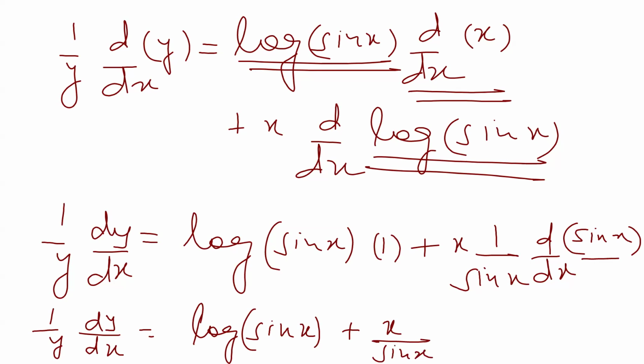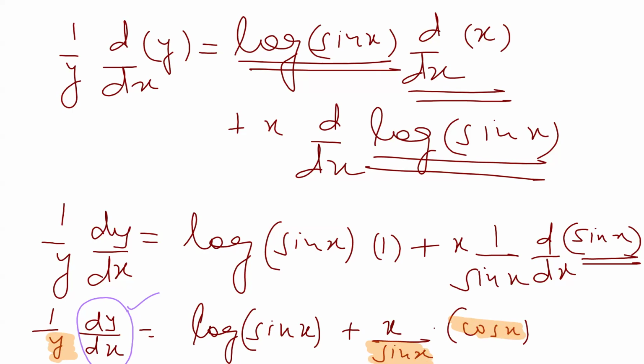Okay. Now we are interested in dy by dx, so I will cross multiply this y on the other side. And at the same time, cos x upon sin x, that's optional, you can write it as cot x. Preferably write it.